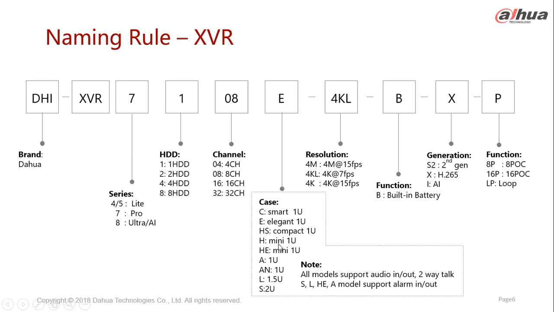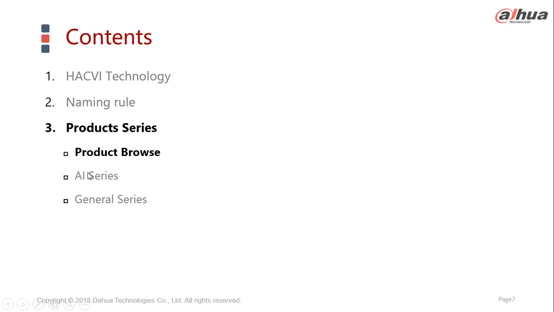In terms of casing, you can have an XVR that suits your rack, so you have to identify what size your rack is to know which case to use. Resolution is up to 4K. Functions include battery, H265 generation, or AI. So you get to know about the functions of different models.